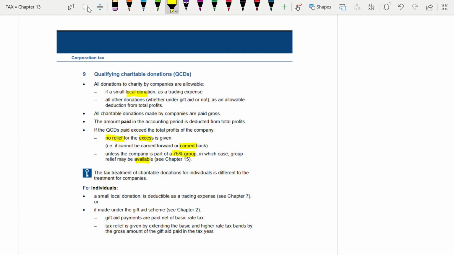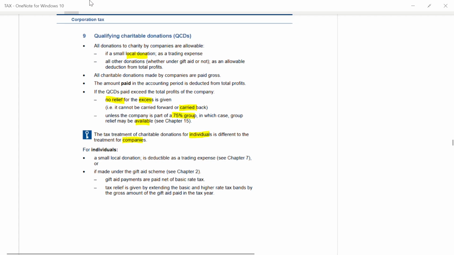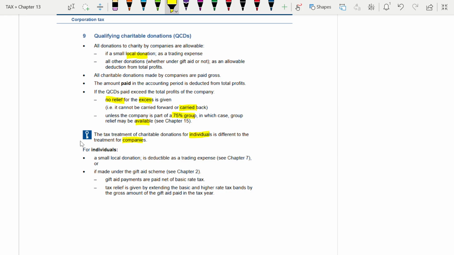Next, the tax treatment of charitable donations for individuals is a little bit different from companies. Every time they are mentioning this, what is the difference between individuals and companies?